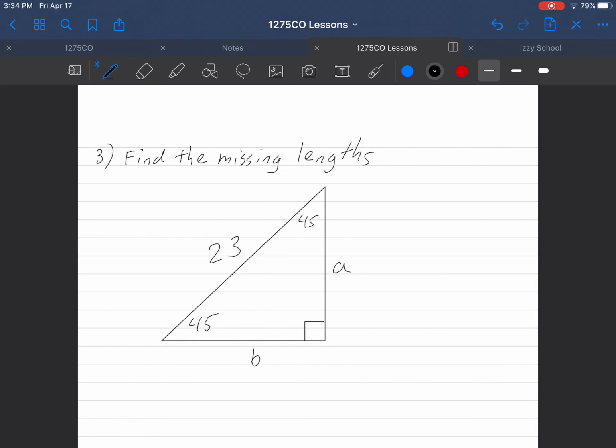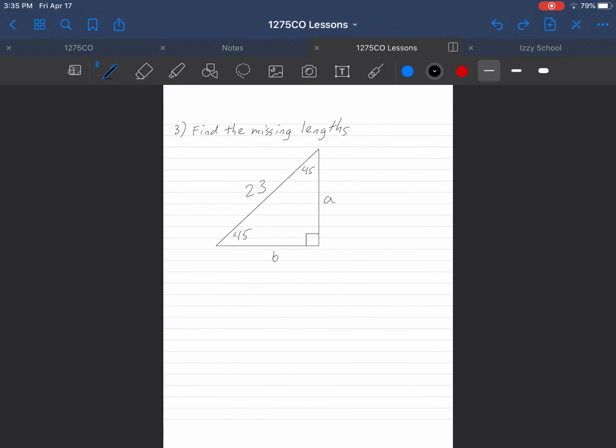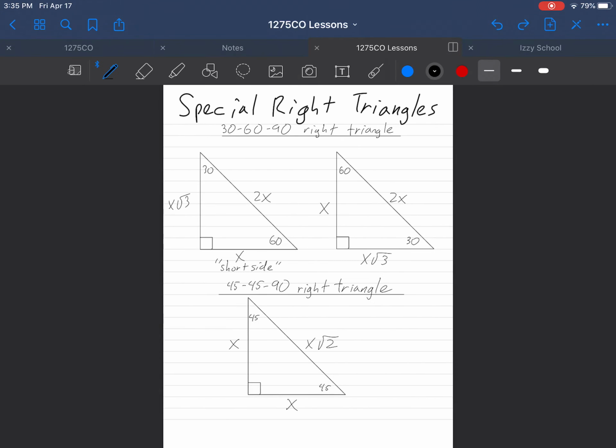Another 45, 45, 90 right triangle, this one's a little bit trickier because instead of being given the value of the legs, we are given the value of the hypotenuse. So if we go back to our general 45, 45, 90 right triangle here, the location of these x's and x radical 2's is going to change depending on how the triangle is oriented.